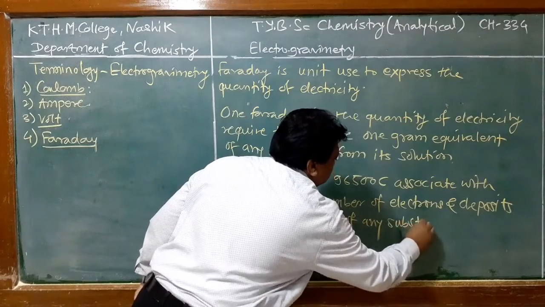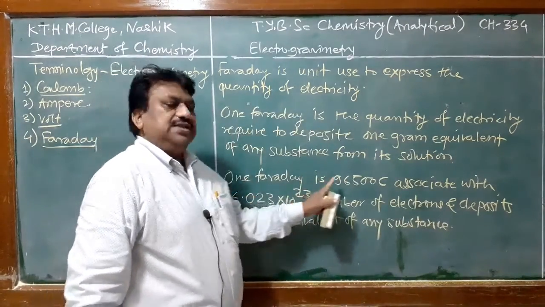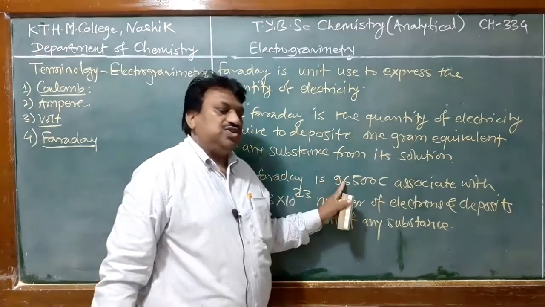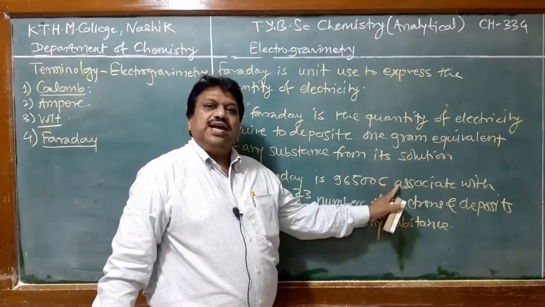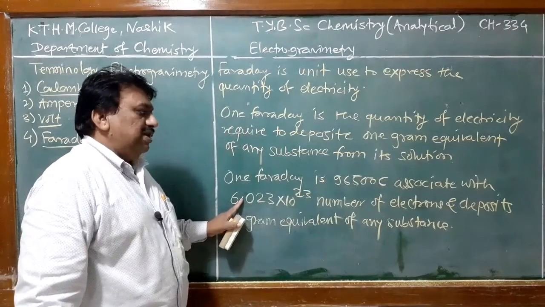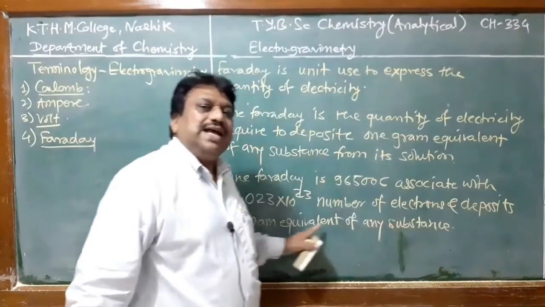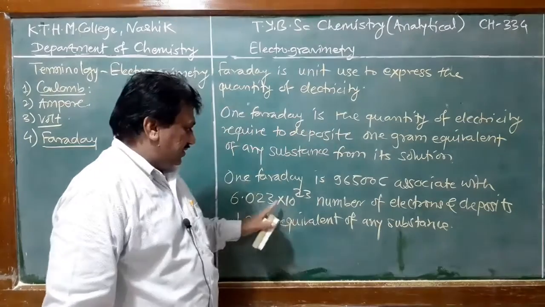This is a Faraday. Therefore, 1 Faraday is 96500 coulomb associated with that electric charge consisting of Avogadro's number of electrons, and that deposits 1 gram equivalent of any substance.